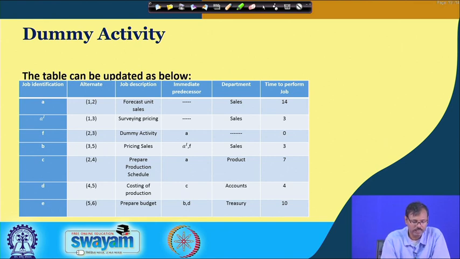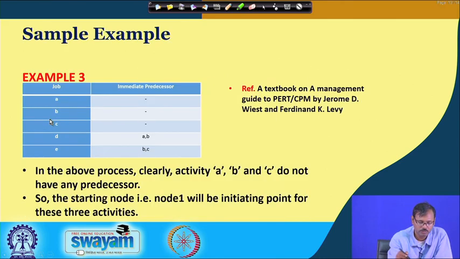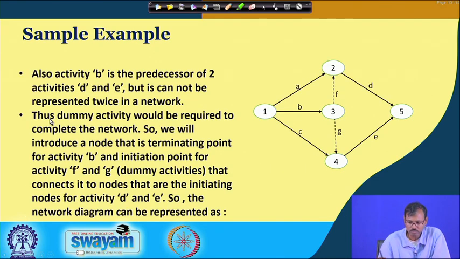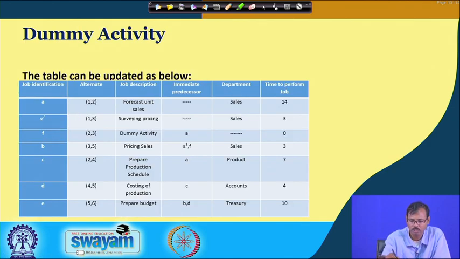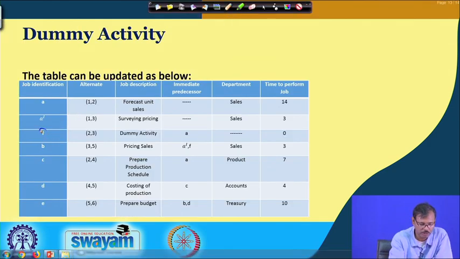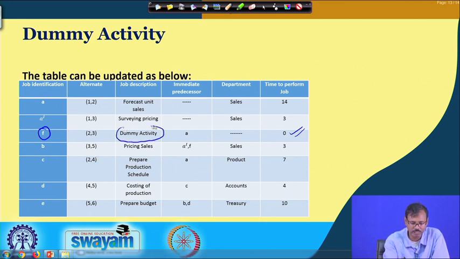In this example you can see the job numbers are given, A, the dummy job F is presented here, and its duration is 0, alternates are given, the names are given, this dummy activity is clearly mentioned, and by this way you can complete the construction of the network.